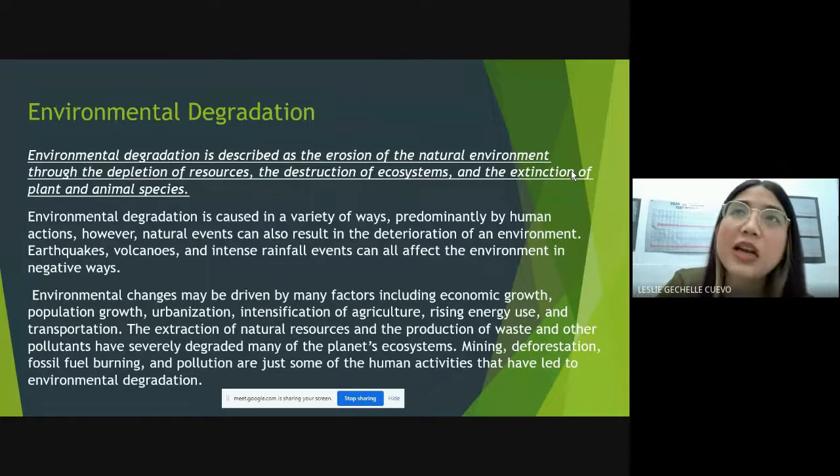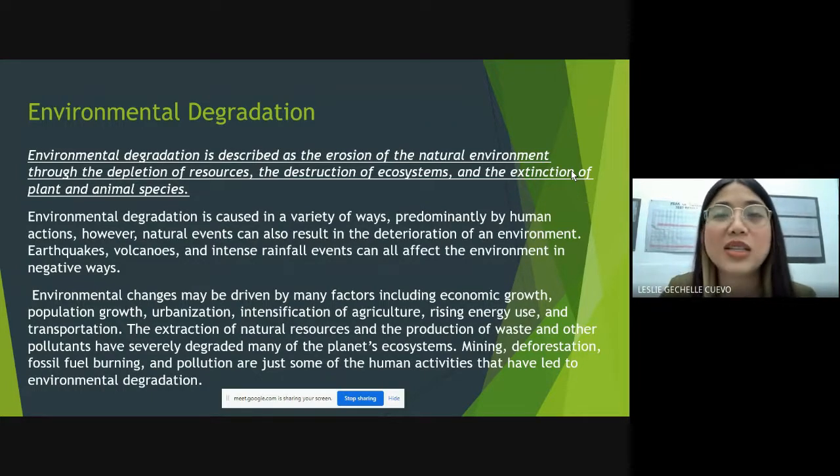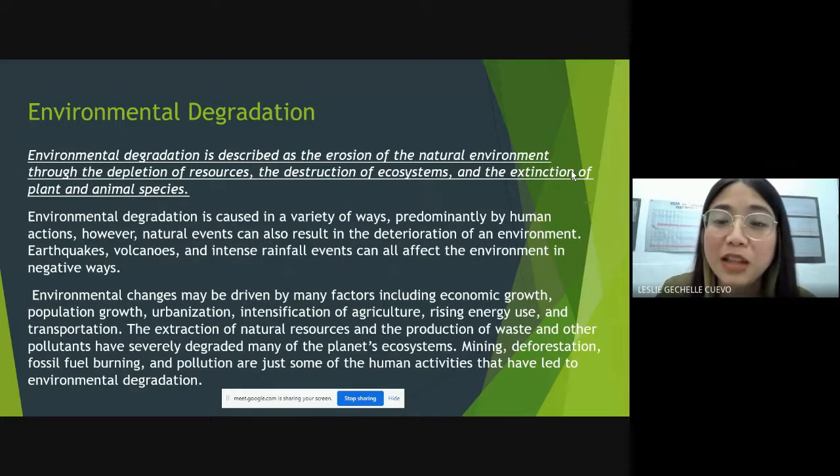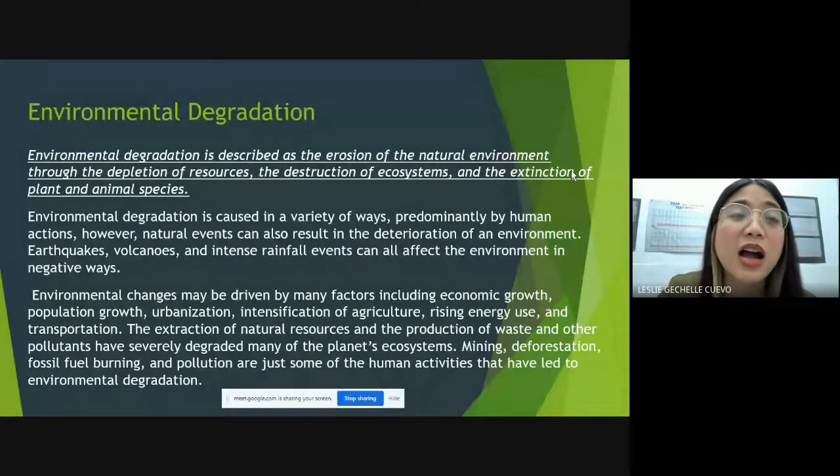So, basically, pag sinabing degradation, pag nag-degrade na ang isang environment in this sense, nababawasan ang kanyang quality. Nawawala siya. And of course, hindi natin gusto yon dahil pinakikinabangan natin yung environment, at kapag yung environment mismo ay nag-degrade na, anong gagamitin natin?